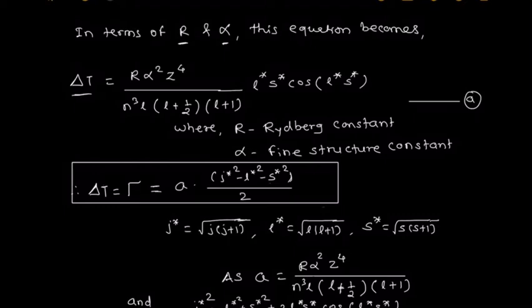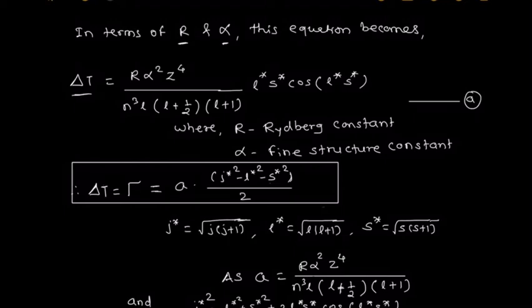It means the doublet separation increases with increasing atomic number. This is one of the features we discussed earlier. Second one is that delta T is inversely proportional to n cube, which means the doublet separation decreases with increasing principal quantum number.